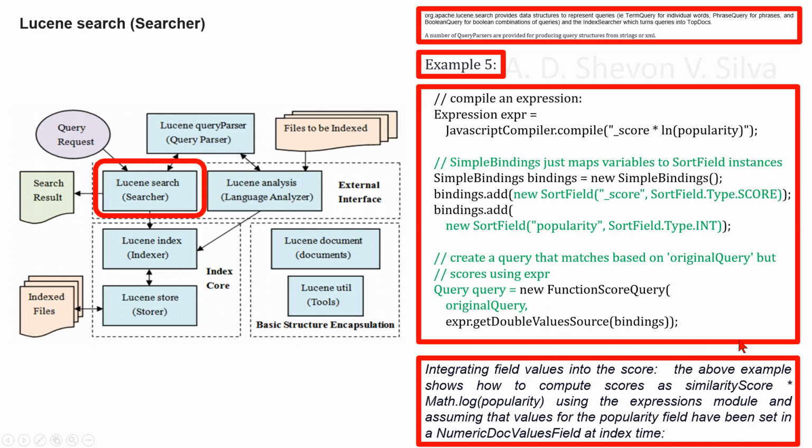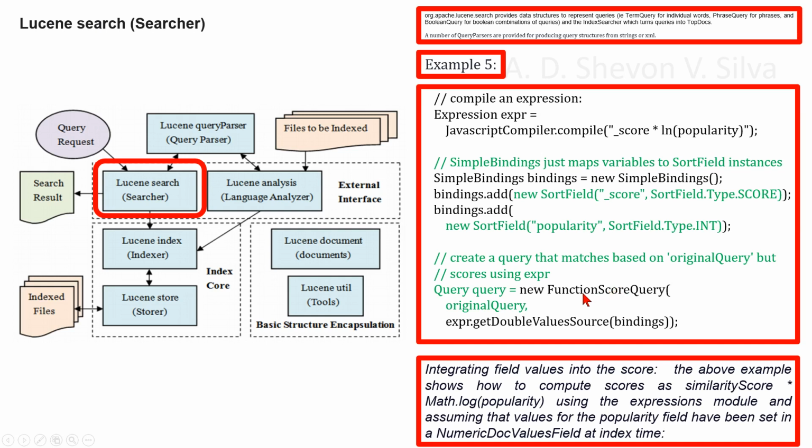The less efficient yet more flexible way of modifying scores is to index scoring features into doc value fields and then combine them with the similarity score using FunctionScoreQuery from the queries module.